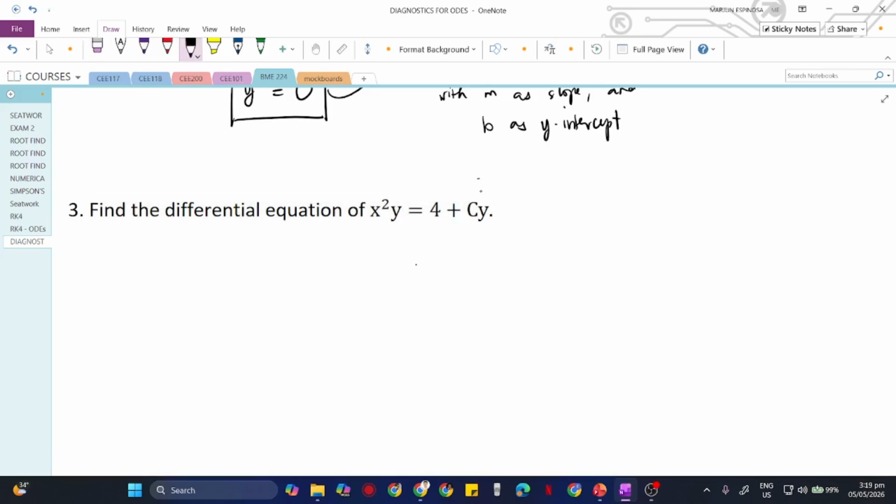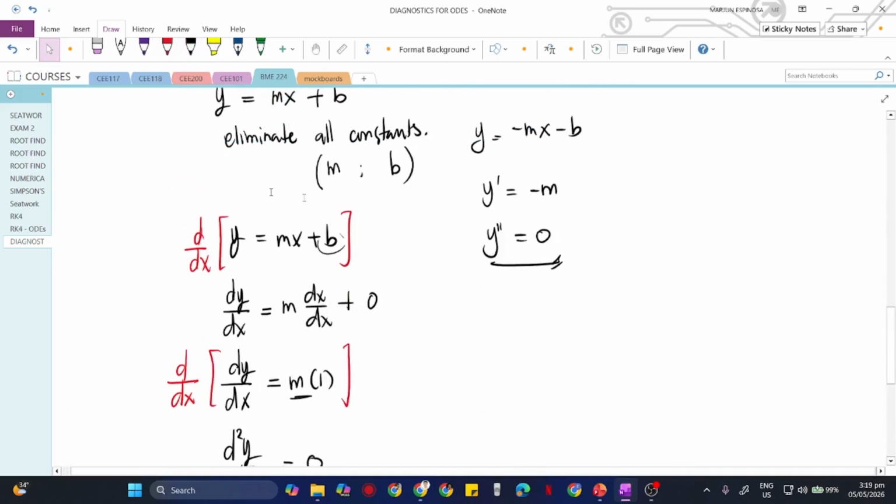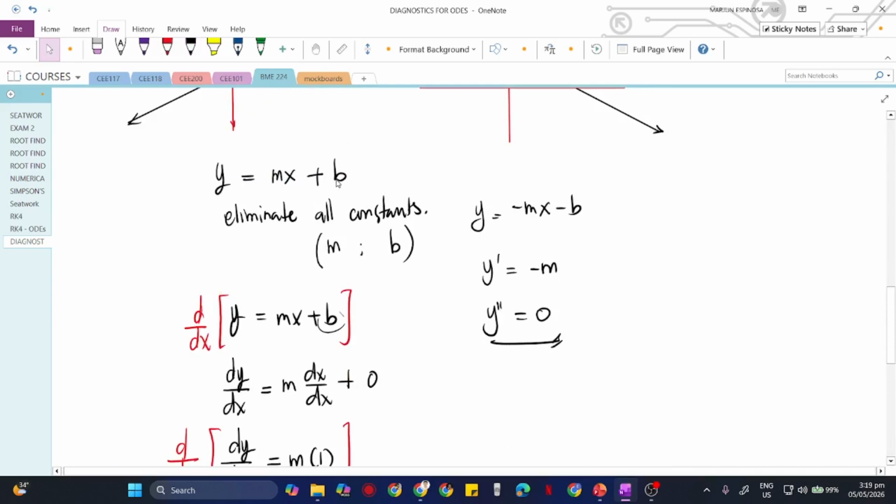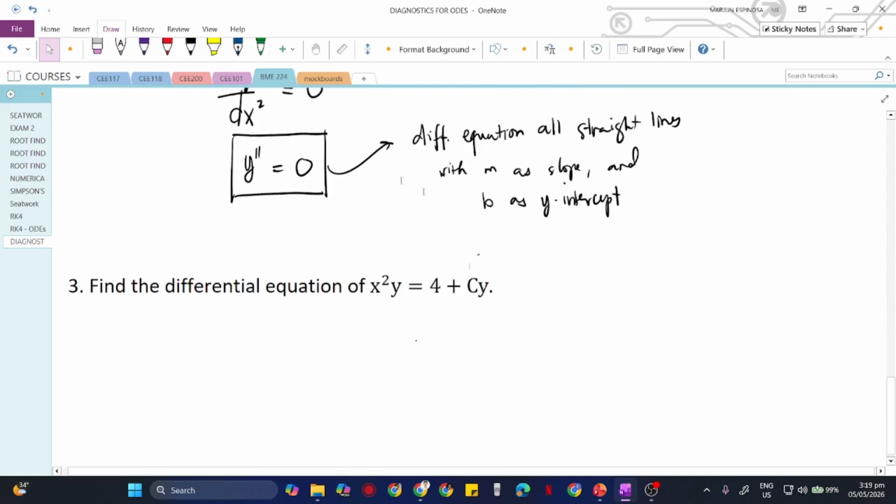The constants we call m and b earlier are not numerical values. These are just representations that there are constants in the equation. The same thing here: the 4 is a numerical value of a constant, and c is not a numerical value.